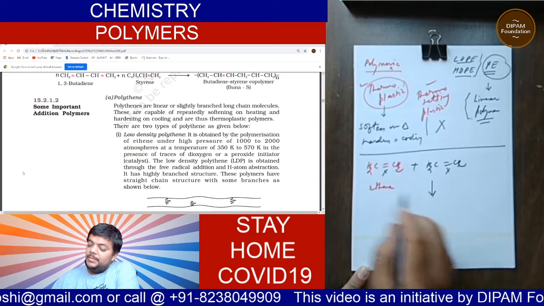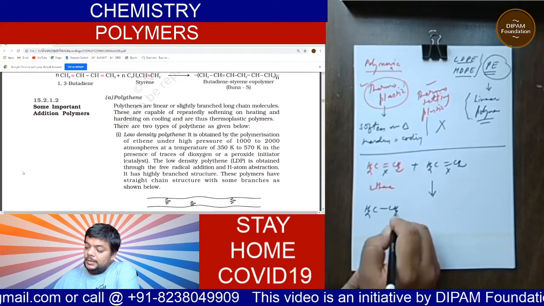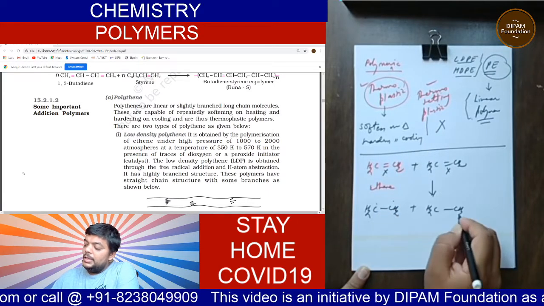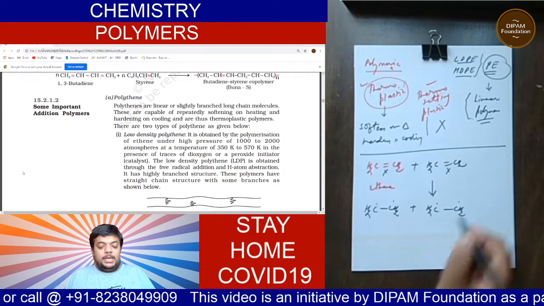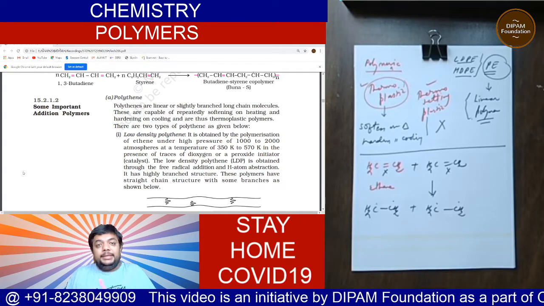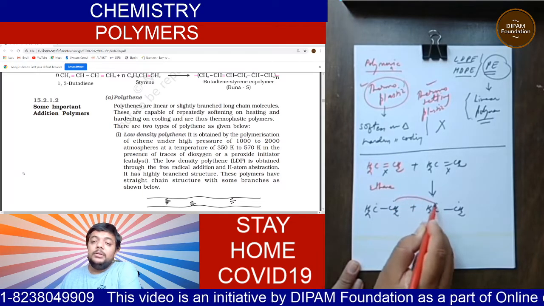As the pi bond breaks in both these cases, it will liberate one electron on each carbon, as it is a homolysis, equal breaking. So these two electrons will combine and form a new bond.